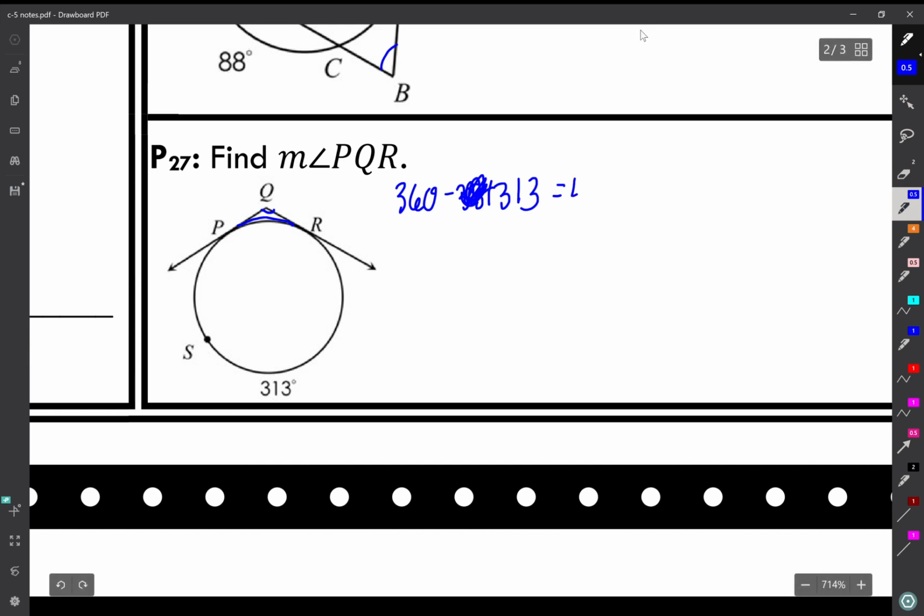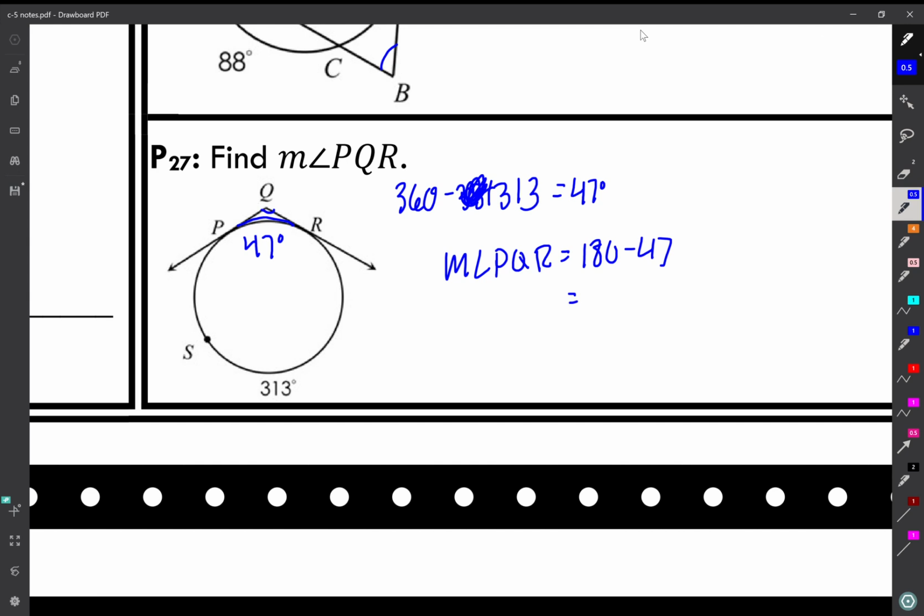So this is 47. So the measure of angle PQR is just 180 minus that measure. 180 minus 47 is 133 degrees. That's my answer.